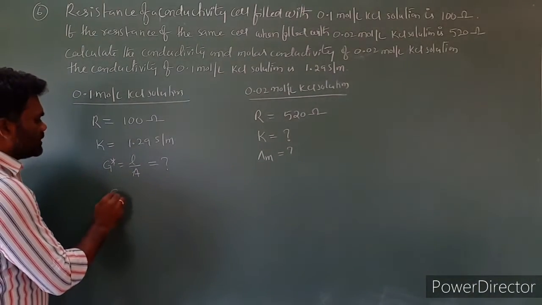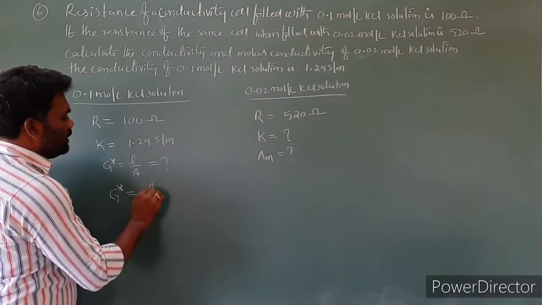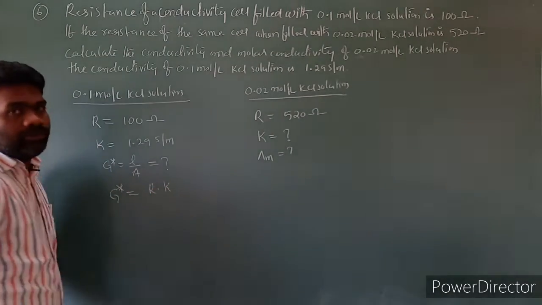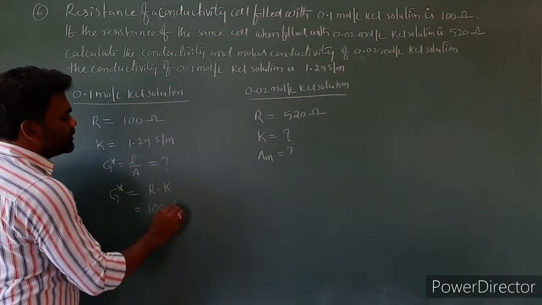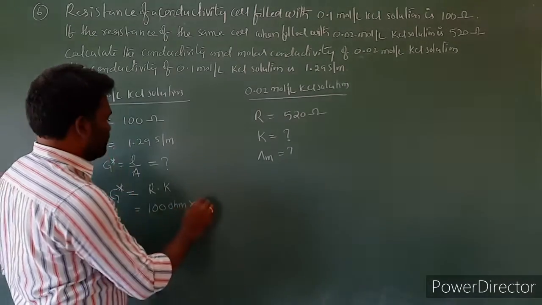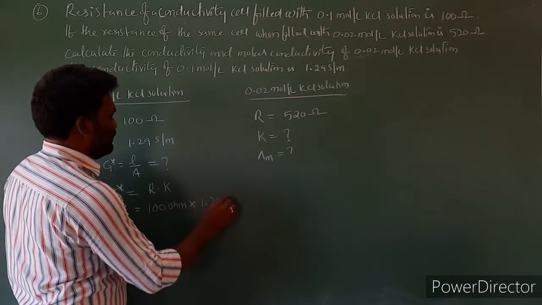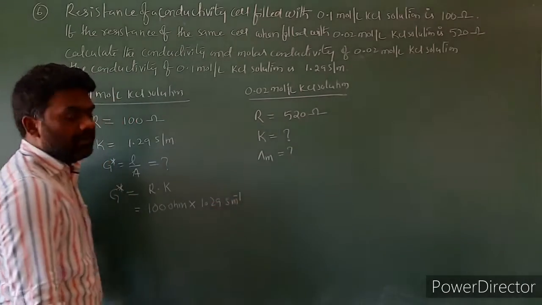What is the formula for G star? Cell constant G star is equal to R into K. Resistance is given as 100 ohms, into K, which is given as 1.29 Siemens per meter.